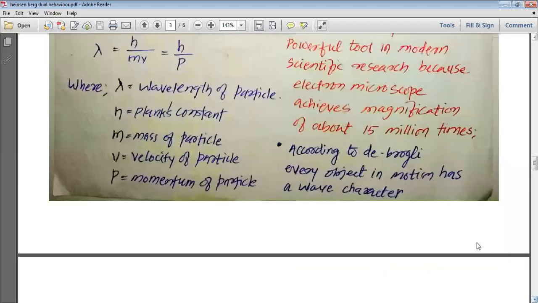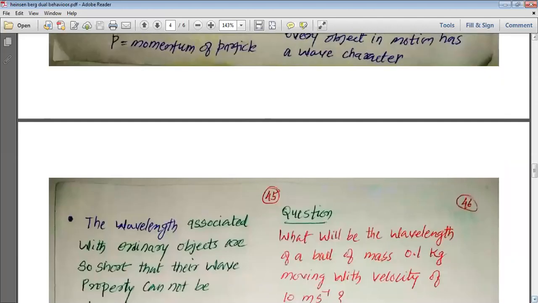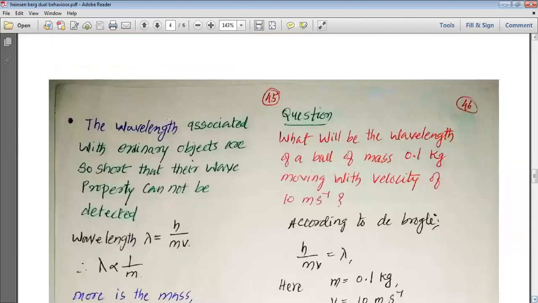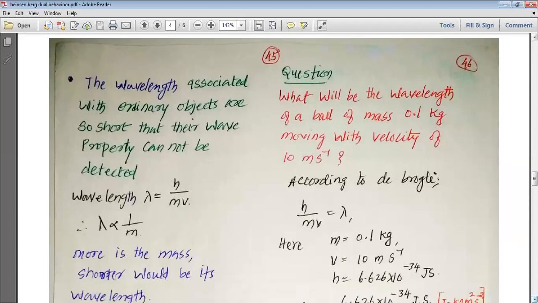According to the de Broglie relationship, every object in motion has a wave character. The wavelength associated with ordinary objects is so short that their wave property cannot be detected. What does it mean? It tells us that we, being human beings also, have some wave with us.